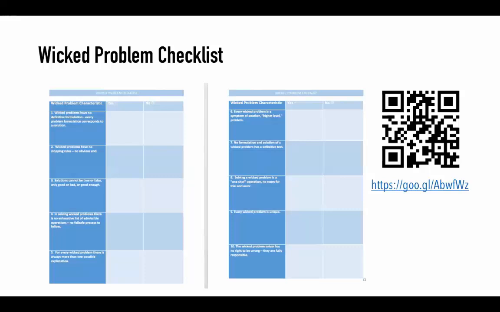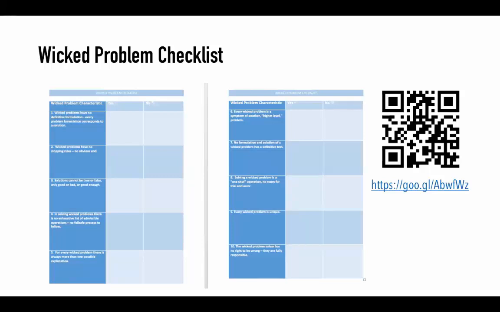I wouldn't think that you either have a wicked problem or you don't, so it's not a yes or no, it's more a continuum, but based on Brittle and Weber's work, I have come up with a 10-question checklist that you can answer yes or no to, or try to decide how wicked is my problem actually.